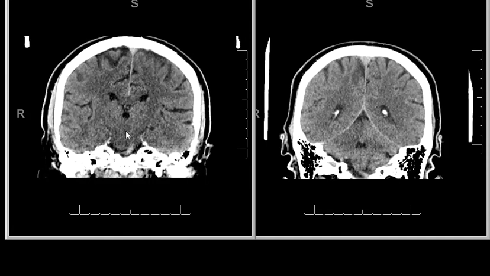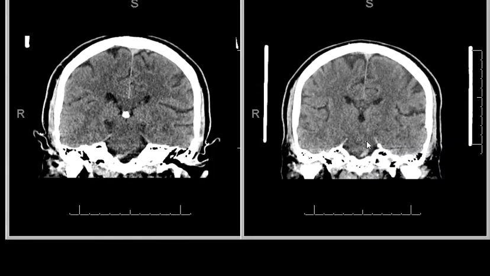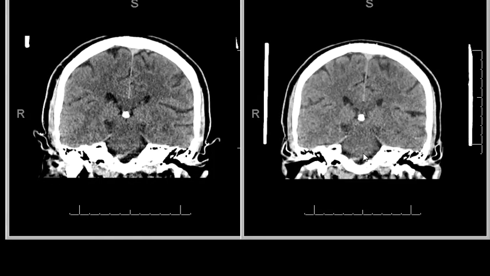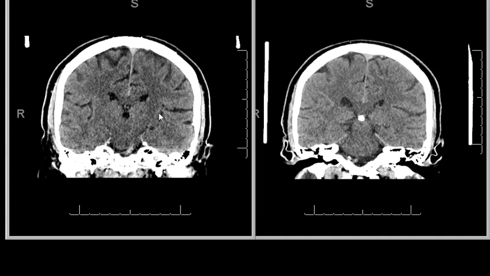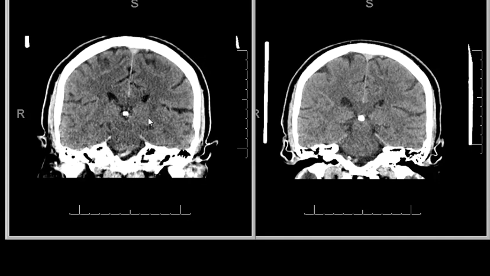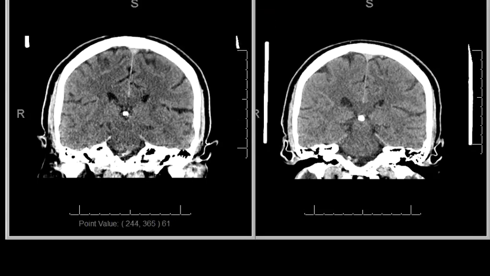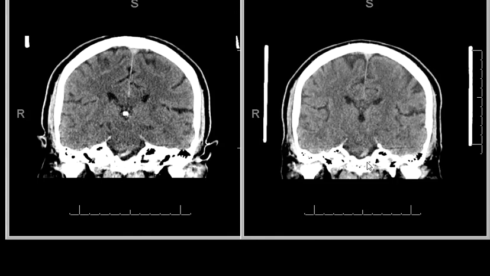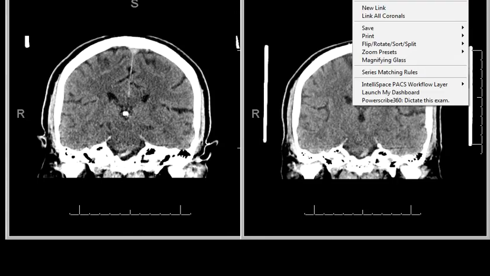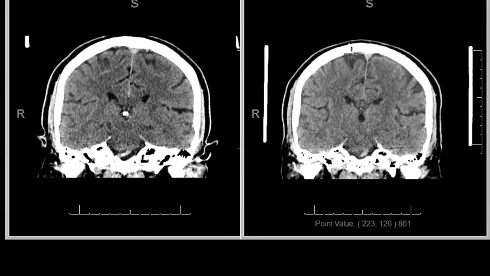Maybe this is a hyperdense blood clot. Same thing here, hard to tell. Measurement is about 65 Hounsfield units. That's measured: 74 here, 62, 57. Let's try here, 57. So it's not a very definitive blood clot.